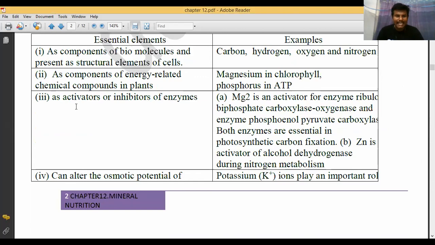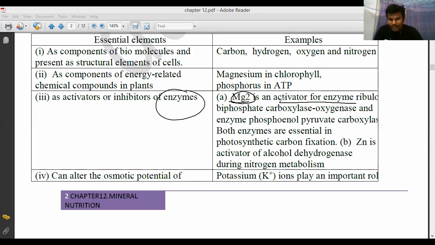Next, essential elements as activators or inhibitors of enzymes. Some of the essential elements are important to activate or inhibit enzyme functions. For example, Mg2+, the magnesium ion, is an activator for the enzyme ribulose bisphosphate carboxylase oxygenase. If this enzyme is to be activated, the essential element magnesium ion is required.